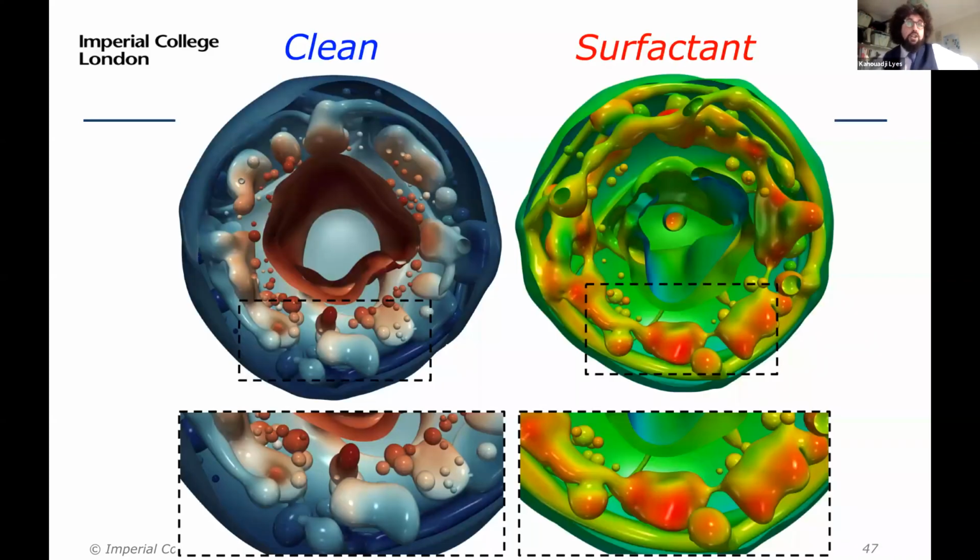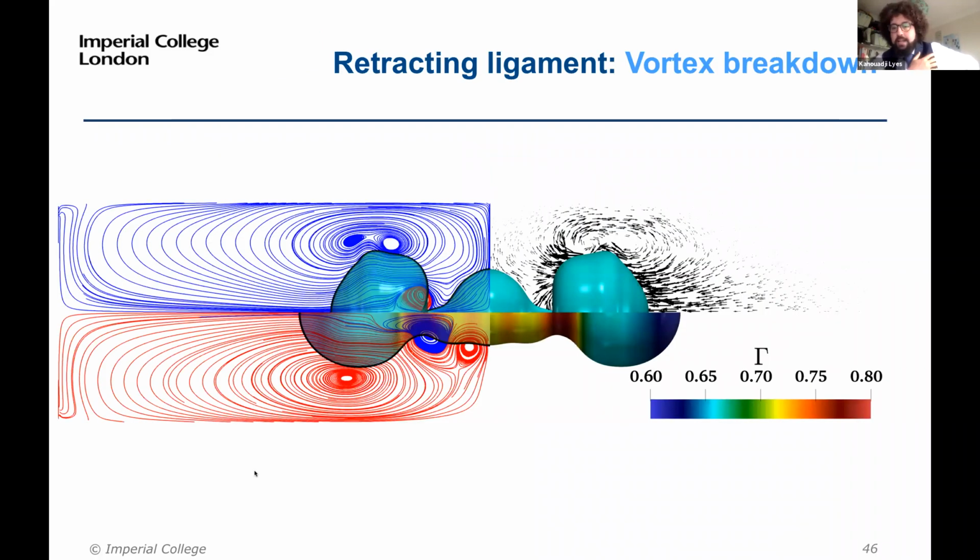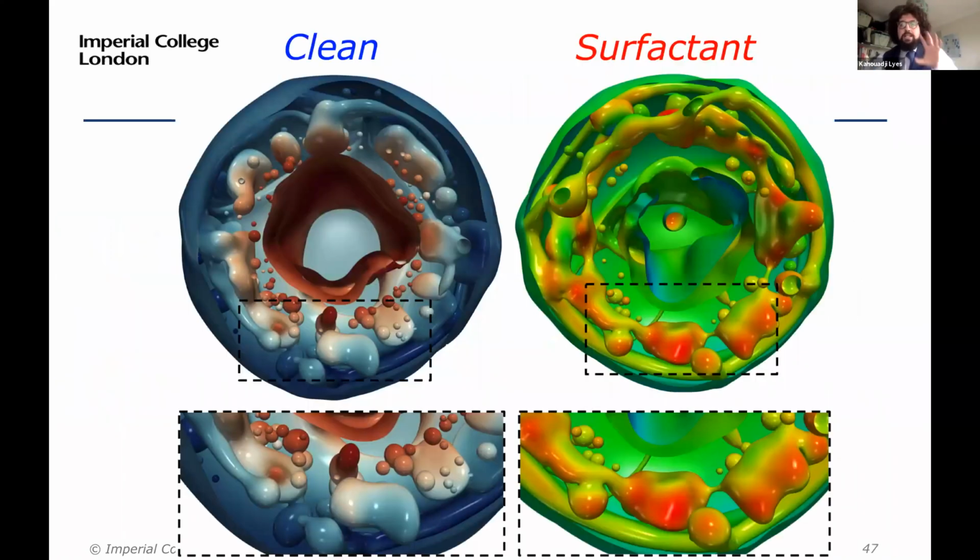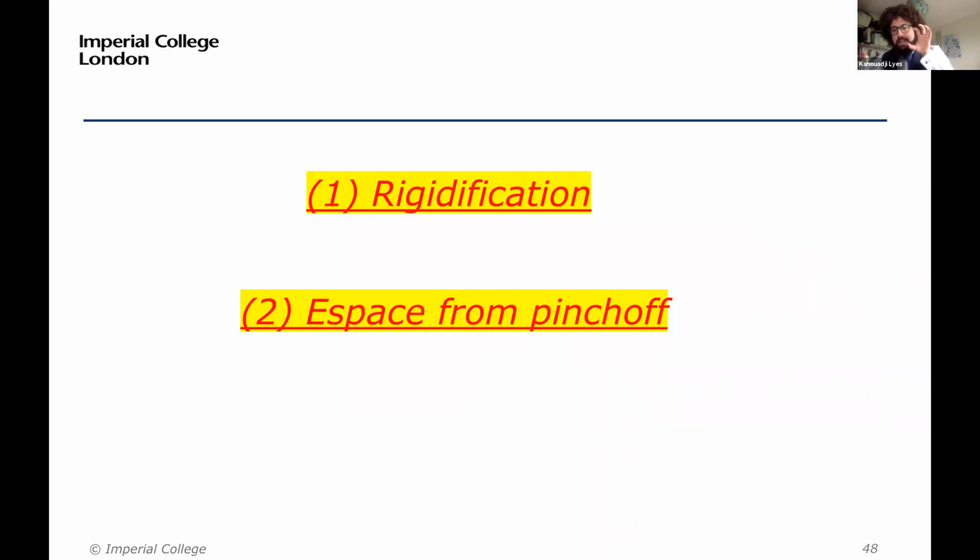And here I will say it's not all types of surfactant. Ricardo made an entire work varying all parameter ranges, like the Biot number, the Péclet number, the elasticity, and sometimes it pinches off and sometimes not. So I wouldn't generalize it for everything, but this is the main conclusion.